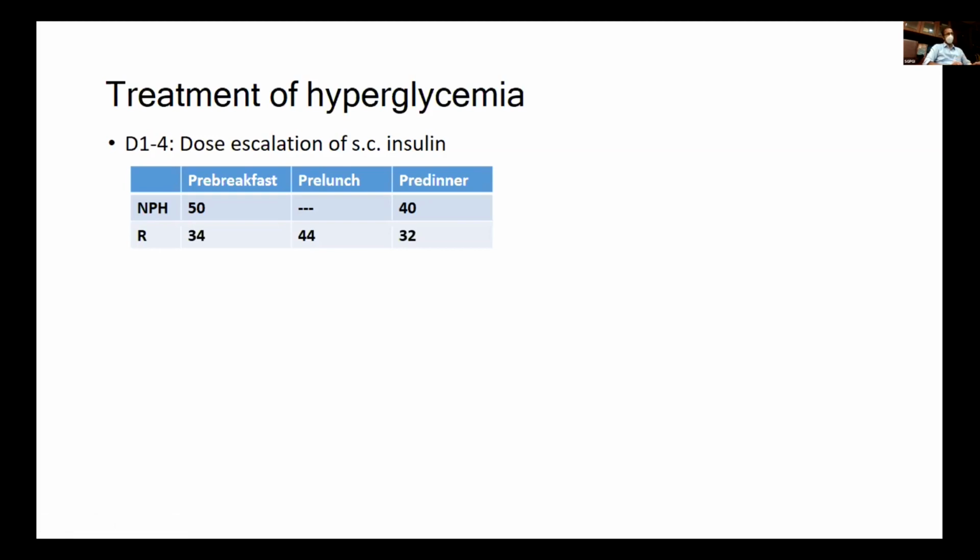Because COVID causes insulin resistance, it also leads to an insulin secretory defect, and it is further worsened by the steroids. So it is not uncommon for these patients to require such high doses of insulin. If you calculate, it is around 240 to 250 units of insulin.